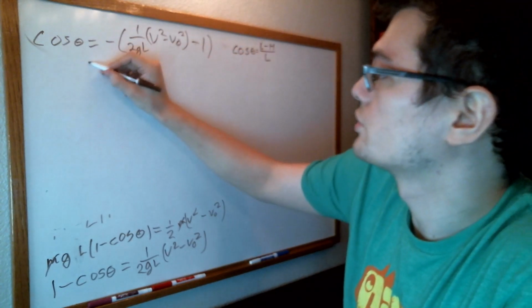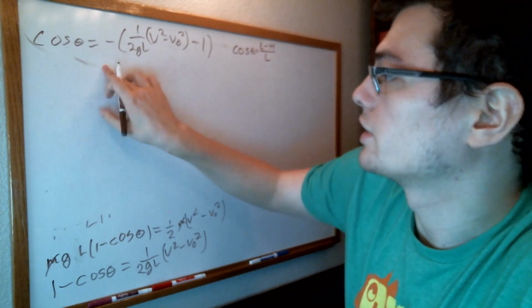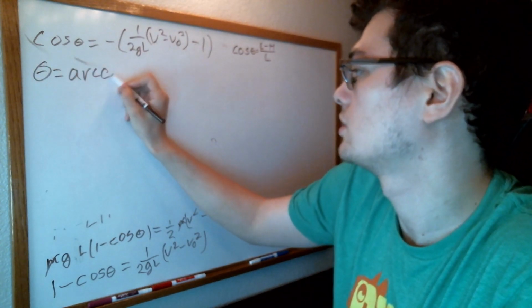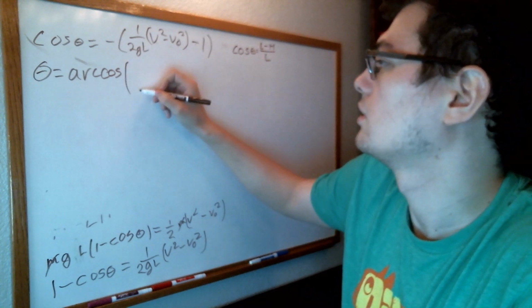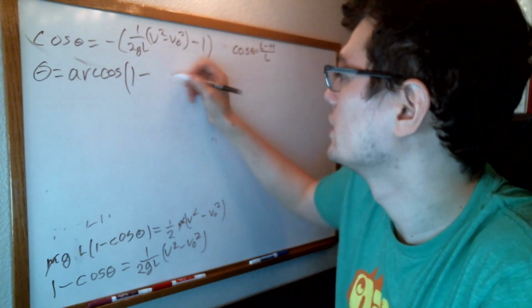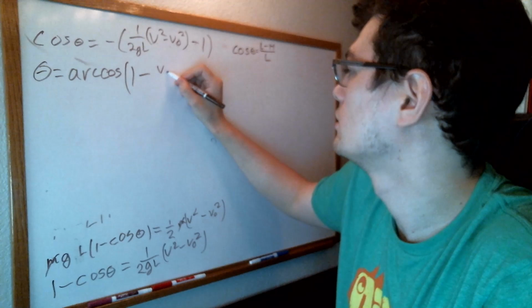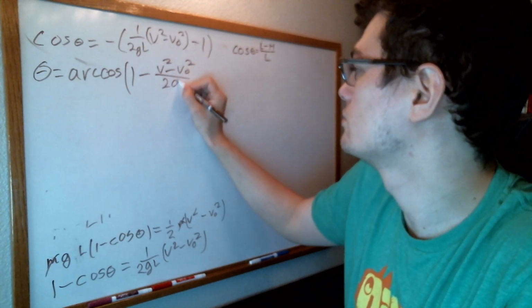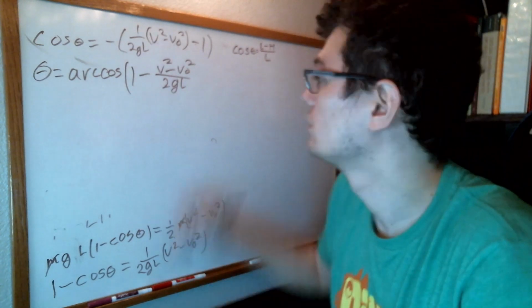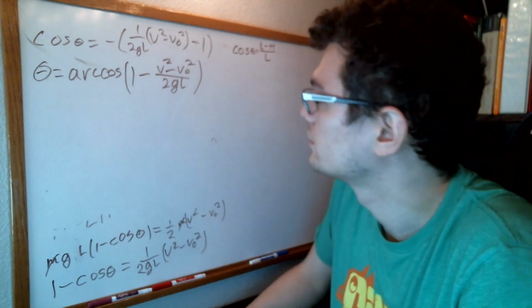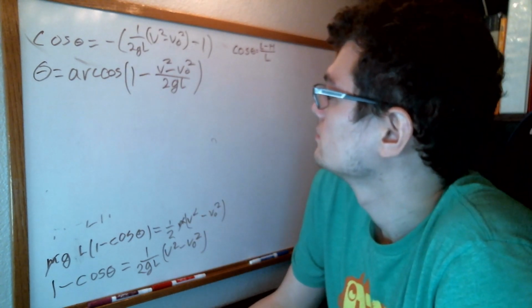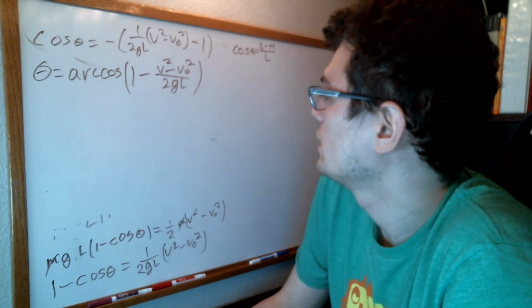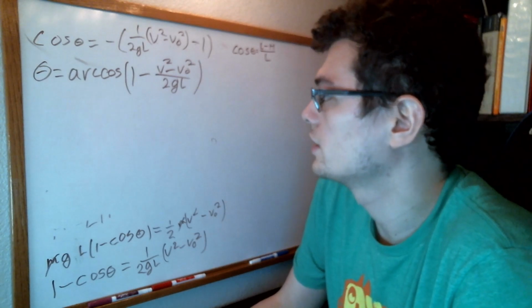And so we distribute that, and we'll take the arc cosine of both sides. So we have theta is equal to arc cosine of 1 minus v naught squared all over 2gL. And that should go ahead and yield you your angle theta here.